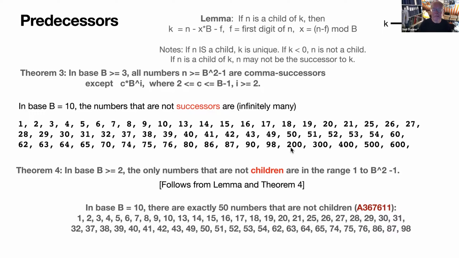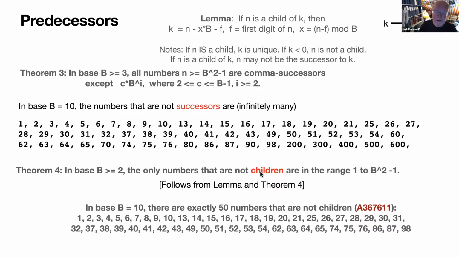But it is the child of a number. So there's a number which has 2 children, the eldest of which is 200. So it's not a successor, but 200 is the child of a number. So the numbers that are not successors in base 10 are these numbers, infinitely many of them.